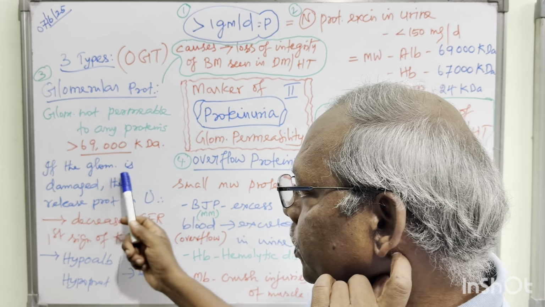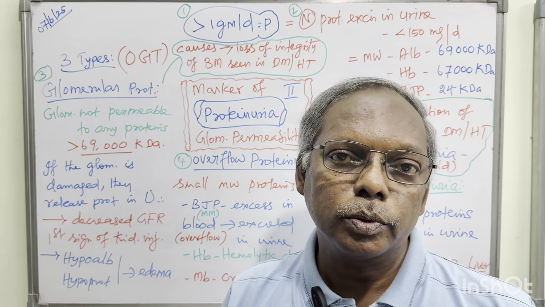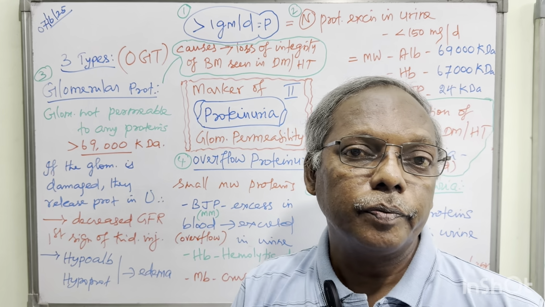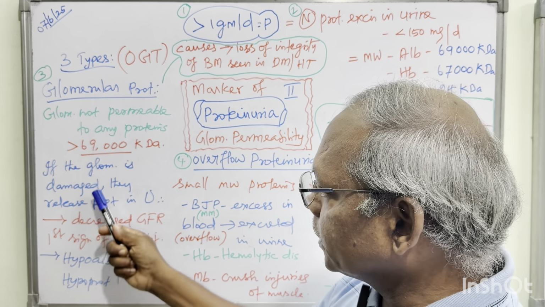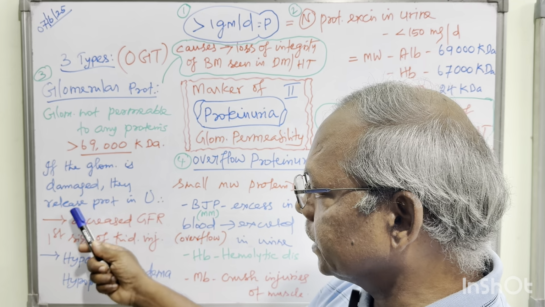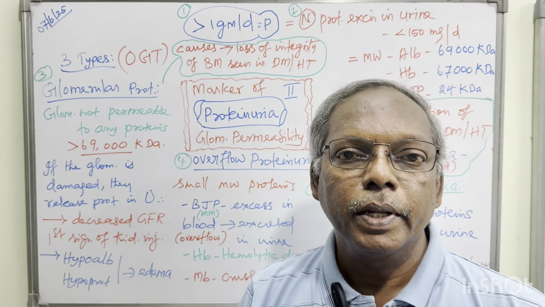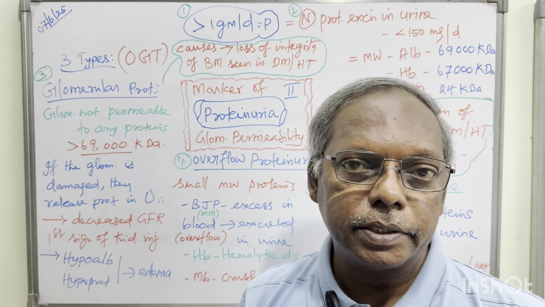Okay, if the glomerulus is damaged, it releases protein in urine. Normally, there is no protein in the urine, or otherwise less than 150 milligram of protein only, very minimally excreted. So what happens if the glomerulus is damaged? They release protein in urine, which means decreased GFR. That indicates the glomerular filtration rate will be decreased.